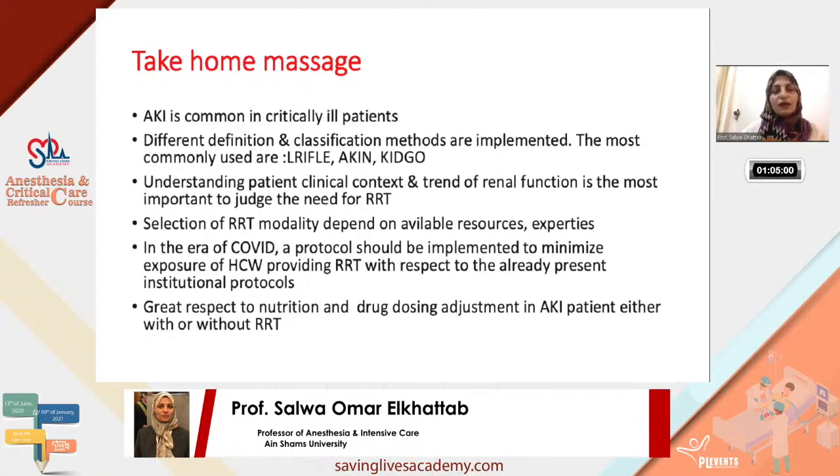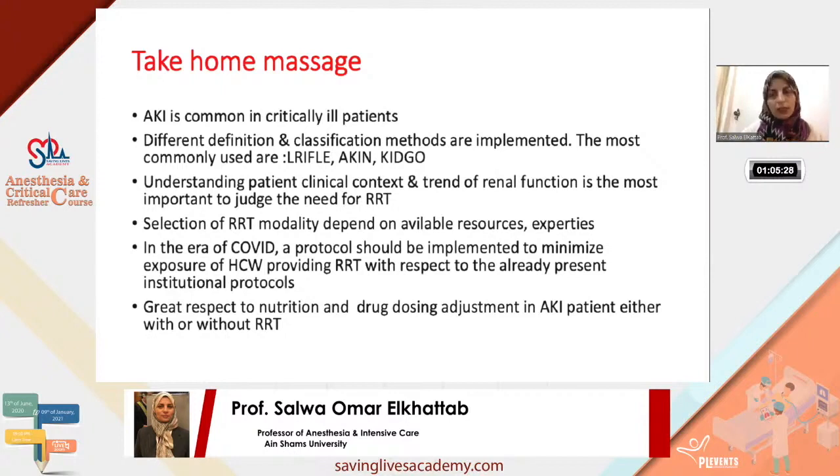If there is an increased volume of distribution, and this is the situation in acute kidney injury, you have to give a loading dose so you can reach a satisfactory initial serum level of your antibiotic. Or if you are already giving a loading dose, you might need to increase it.